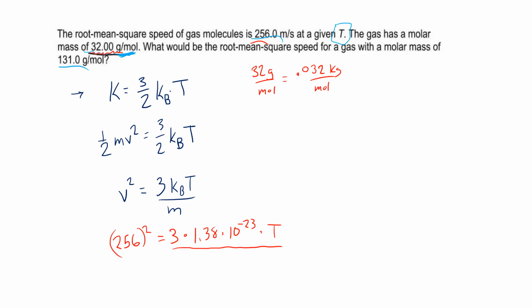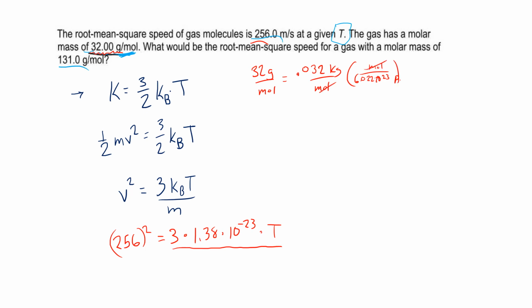Okay. Well, that's per mole, right? But how many kilograms is one particle? Well, we're going to divide by how many particles are in a mole, right? There's 6.022 times 10 to the 23 particles per mole.